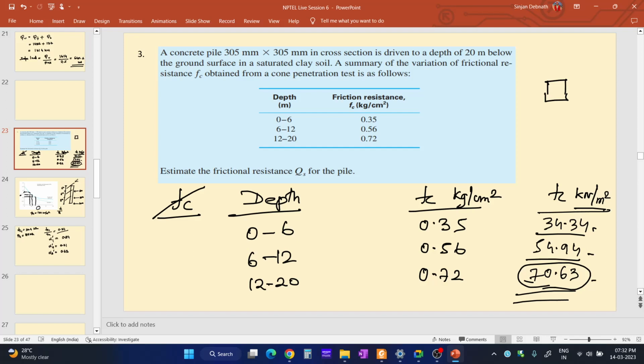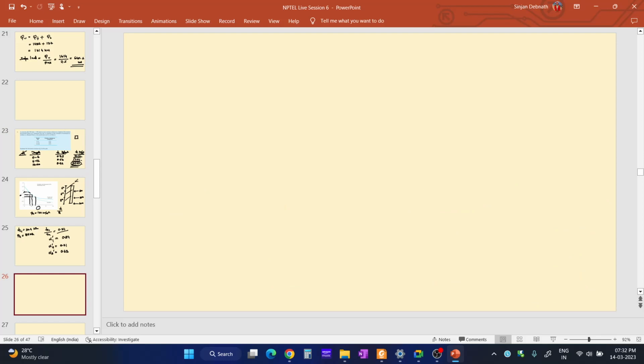After finding it for the three segments, we need to sum it up. So let me do it over here. QF is the summation of alpha into FC into AS.